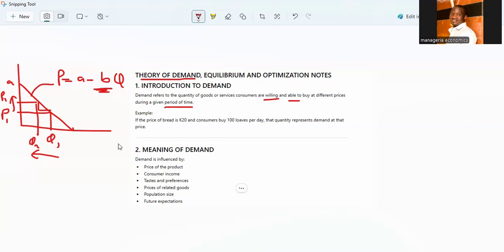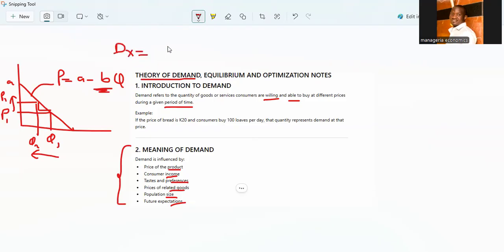So there are factors that affect demand. Demand is influenced by, number one, the price of the product, income, preferences, related goods, the size, okay, expectations. And this gives us what we call the demand schedule. The demand schedule is given by what?